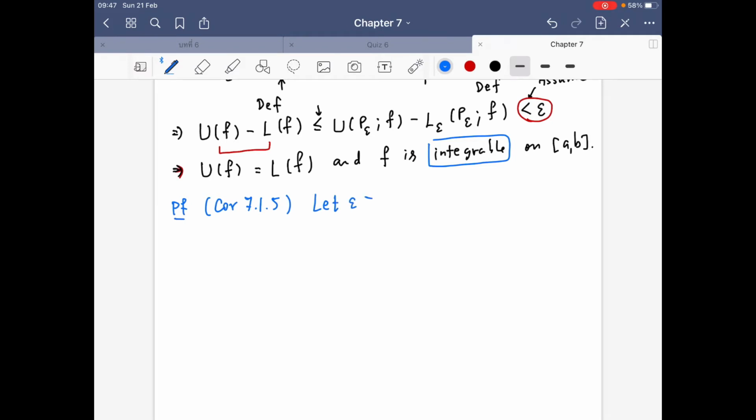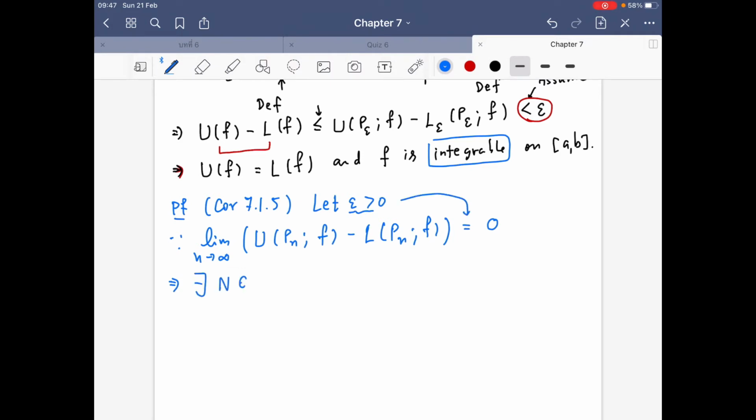So we are going to let epsilon be positive, okay, then by the limit, since we have this assumption that the difference of your upper sum and the lower sum goes to 0, by this epsilon and the limit going to 0, we can find a positive integer N such that for each and every n greater than this capital N, the upper sum of this partition subtract the lower sum of this partition, under the absolute value, is less than epsilon.